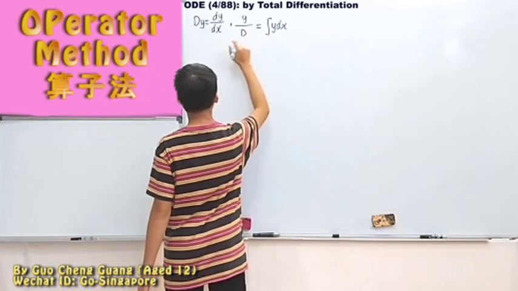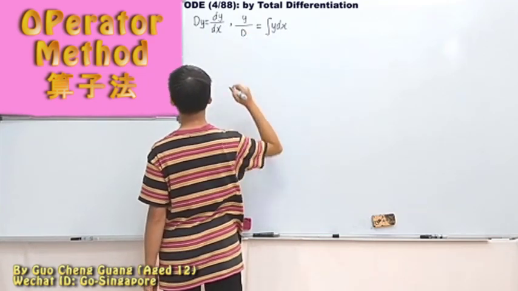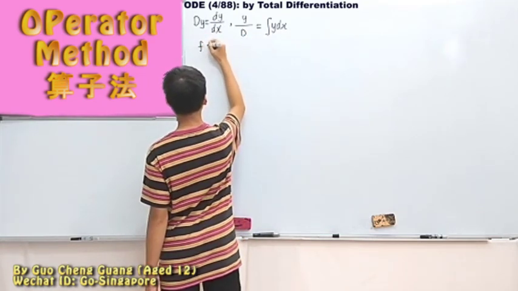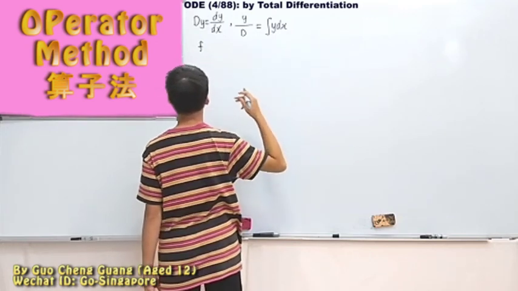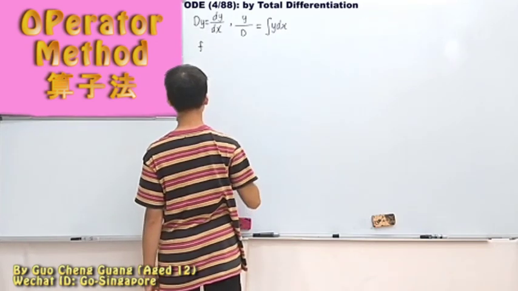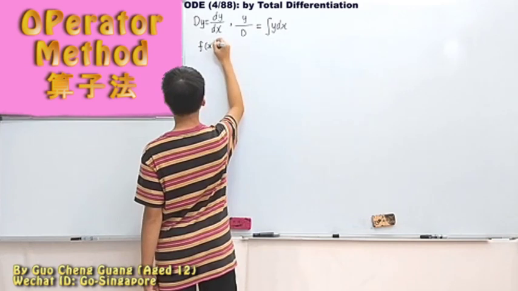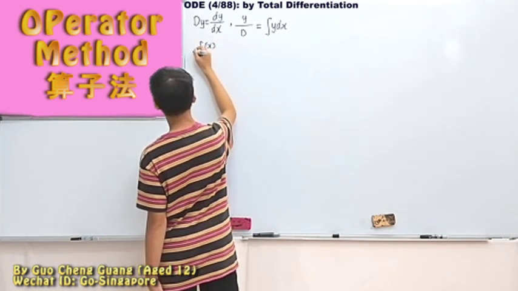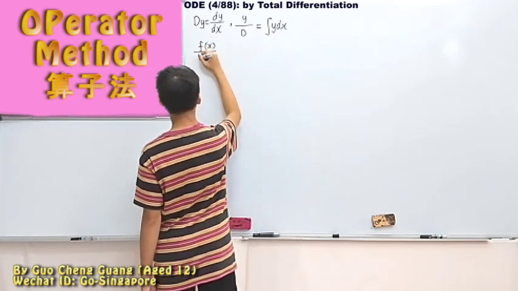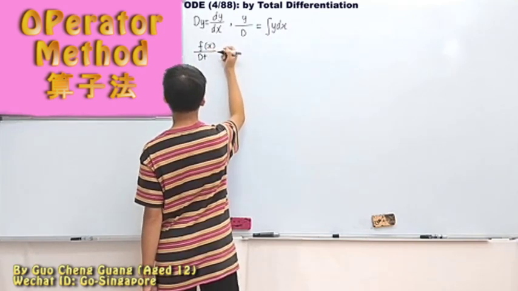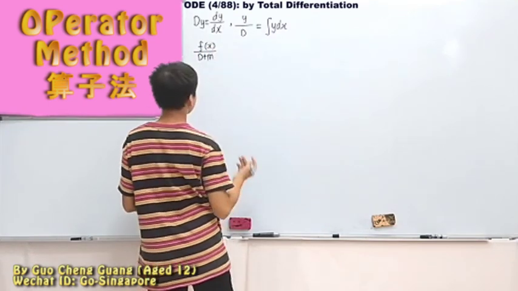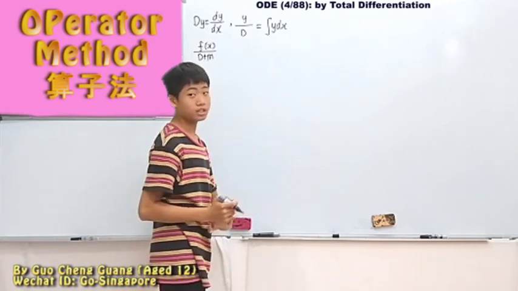Does this remind you of something that we have done some time ago, or that we keep using for the past lessons? You have a function, then you over d plus something. It may be m, it may be n. There are different things to it.